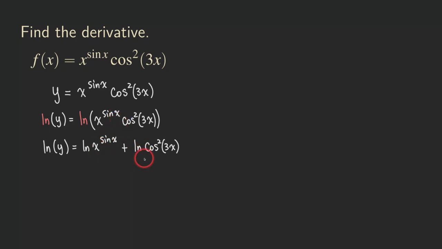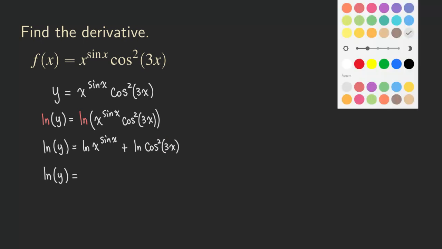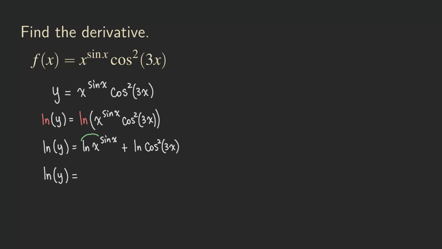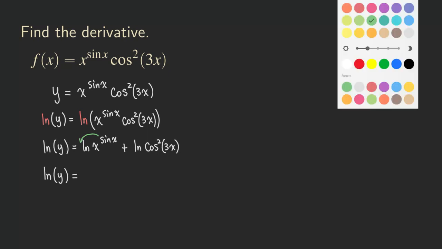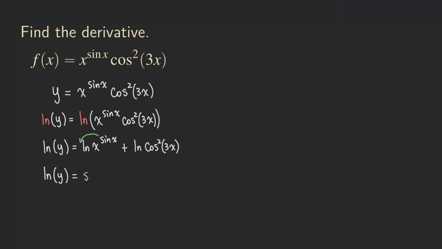And so the next step is to use another log property, that is to bring the exponent to the front of the log. Same thing here, we are going to do that. So we are going to be getting ln of y equals, and if we bring the sine function to the front, then we are going to be getting sine of x, and then there is still the ln of x.